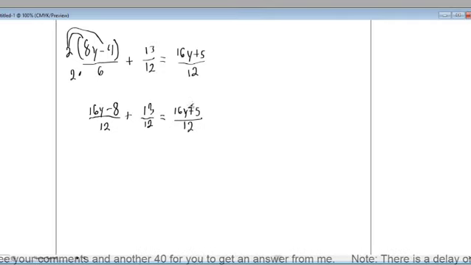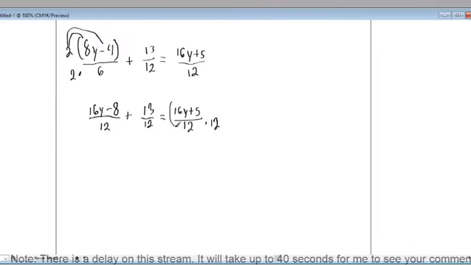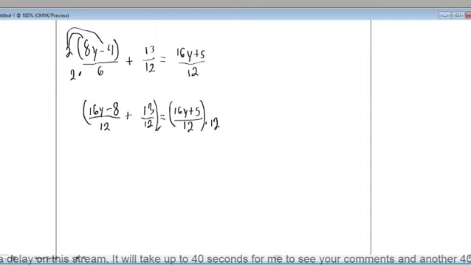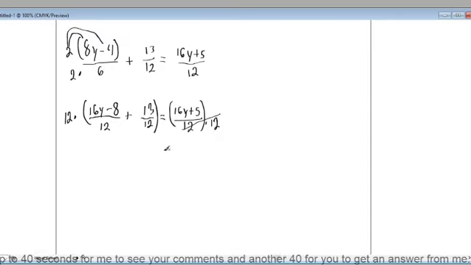Now then, let's say I wanted to get this y by itself. Well, the first thing I need to do is get rid of this 12. I need to multiply both sides by 12. If I multiply this side by 12, and multiply this side by 12, this would cancel, and it would just leave us with 16y plus 5.